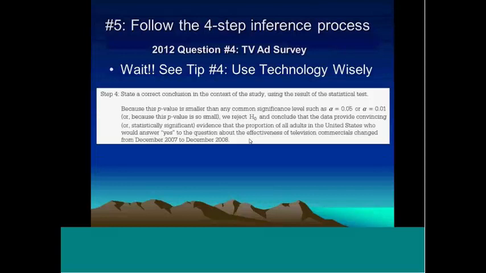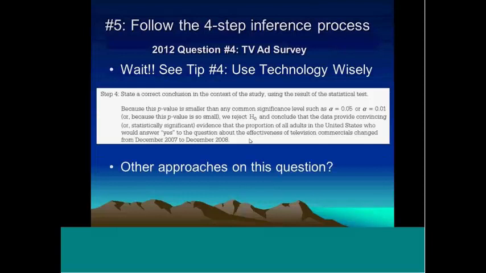If they said who answered yes, now they're not referring to the population, they're referring to the sample, because the only people who answered yes were the people that answered the question. That's the sample. So if you said answered, you're talking about the sample. If you said who would answer, you're talking about the population. Kids can easily make that mistake, so they need to be very careful how they say these things.